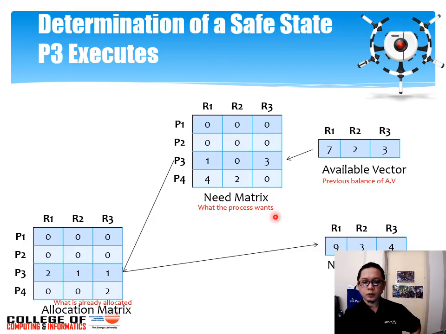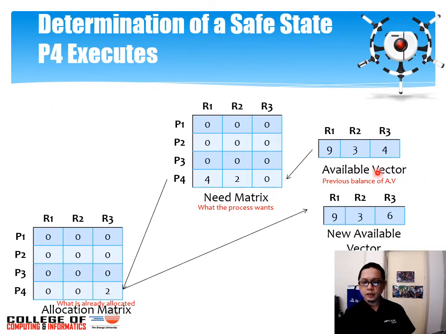And lastly, you will need to execute P4. With this much resources available, the obvious choice now is just P4 because it is the only process that hasn't executed yet. So you choose P4, and P4 executes until completion.